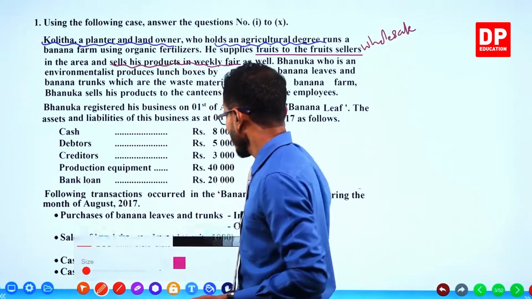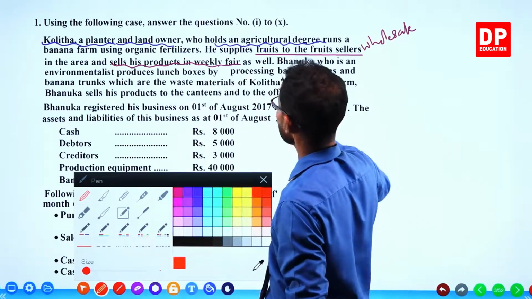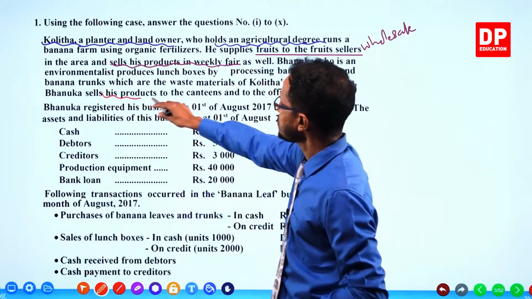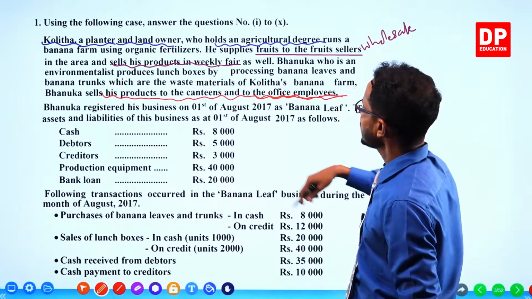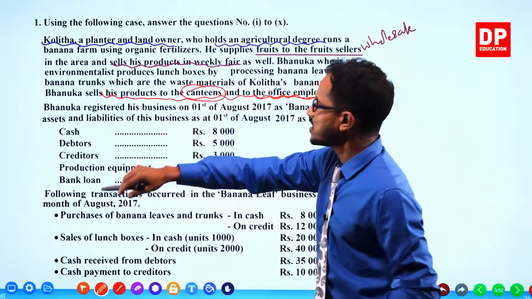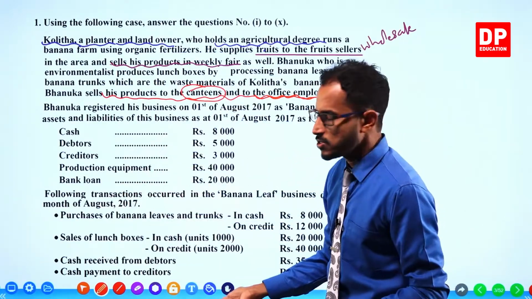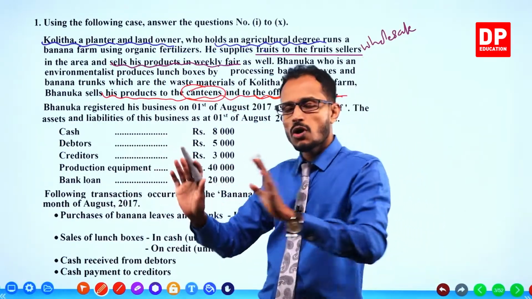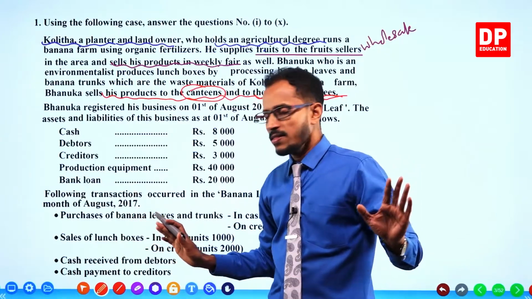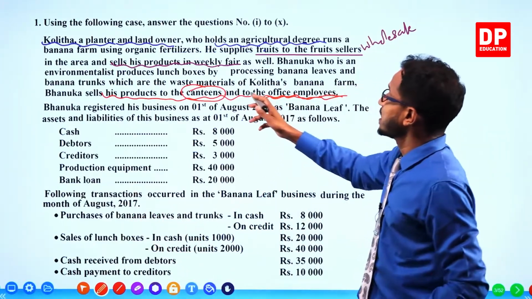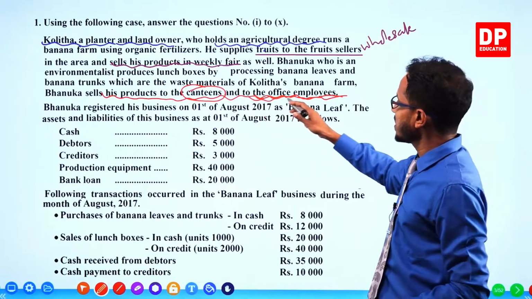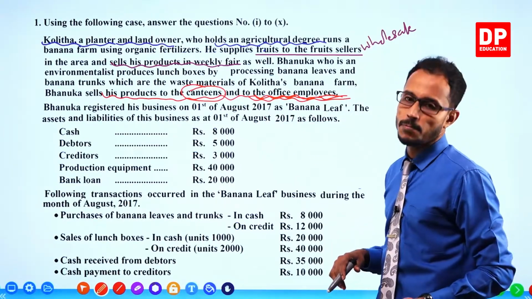Plus Banuka, he sells his products to canteens and office employees. See, if you sell to canteens, canteen is a retailer. So you are selling to retailers means you are a wholesaler. There, Banuka is a wholesaler, but in the end of the sentence they say he sells to office employees.